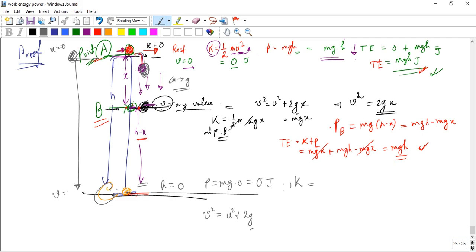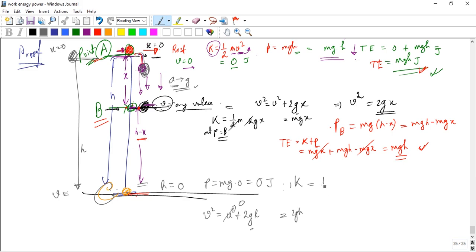The body gets accelerated, because the body starts from velocity 0, and the acceleration is due to gravity. So v is some value that is calculated: 2g, and the object is displaced by that height from top to that point, that is h, and u is also 0. That is equal to 2gh.